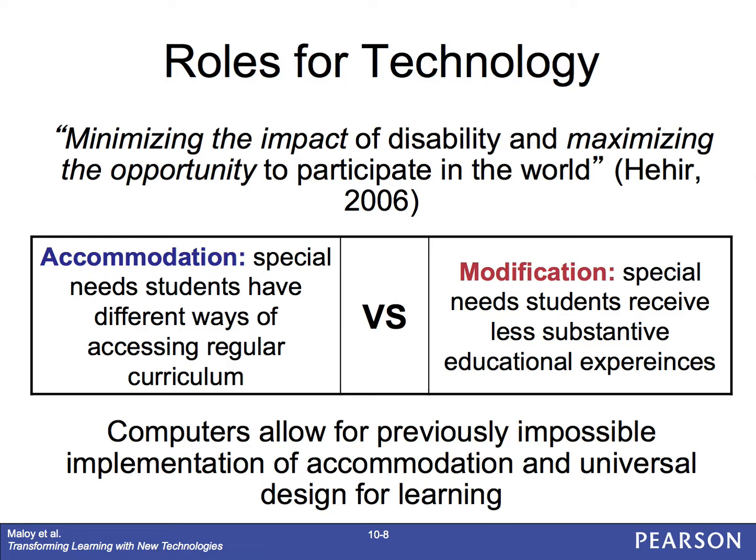accommodation, but we can also modify, and then special needs students receive less substantive educational experiences. So we don't really want to modify, and I hate to say this, but a lot of teachers will dumb stuff down. It's not a real educational term, but that's the way it is, and we don't want to do that. We have so much wealth on the internet that we can find.